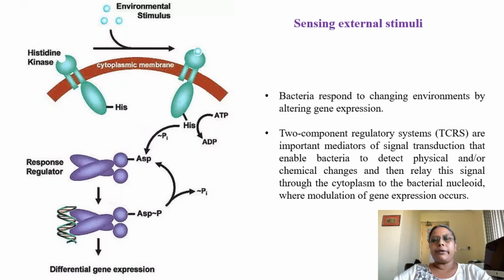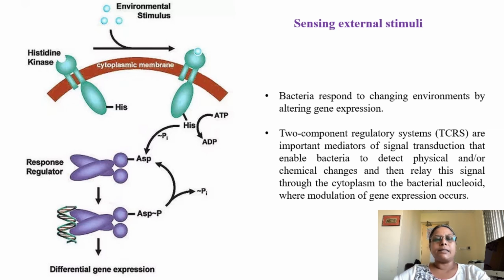The two component regulatory systems are important mediators of this signal transduction and enable bacteria to detect physical and or chemical changes and then relay this signal through the cytoplasm to the bacterial nucleoid, where modulation of gene expression occurs.